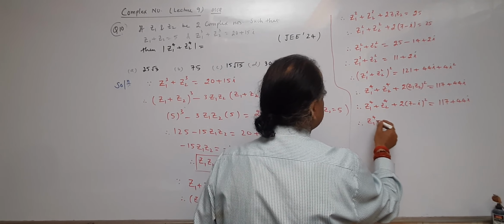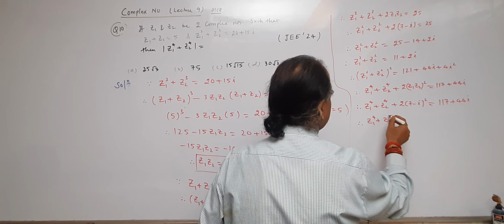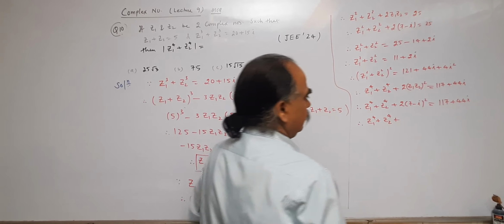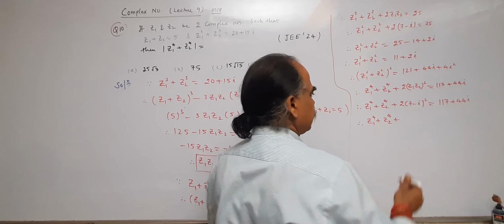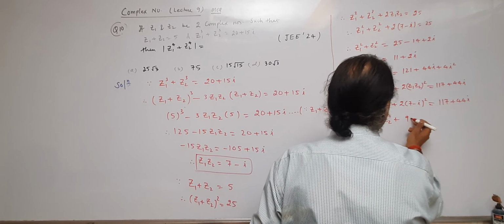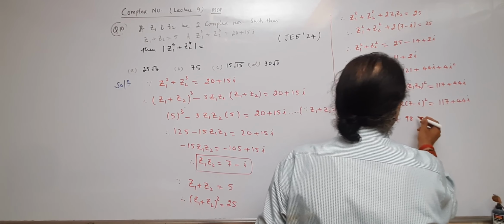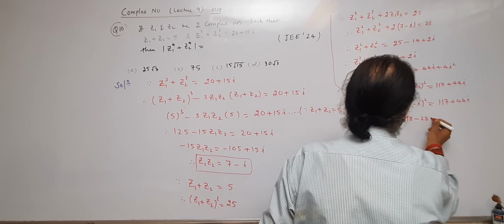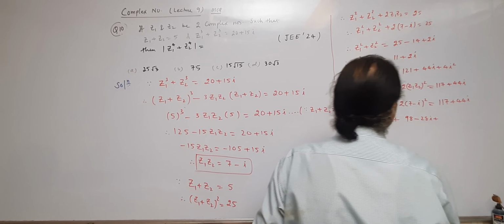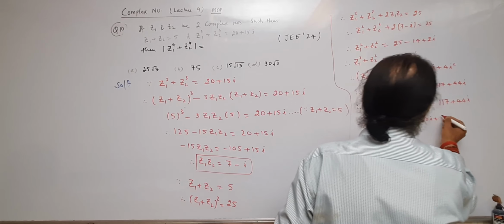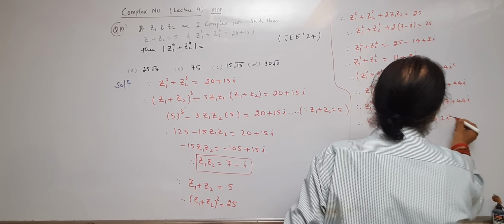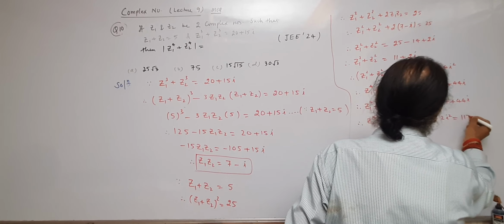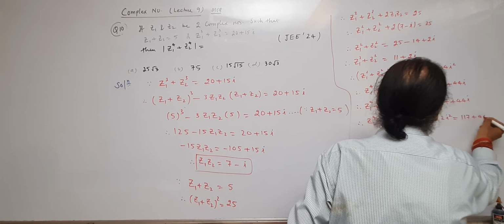Z1 raised to 4 plus Z2 raised to 4, 49 into 2, 98, 14 into 2, 28i plus 2i square, equals 117 plus 44i.